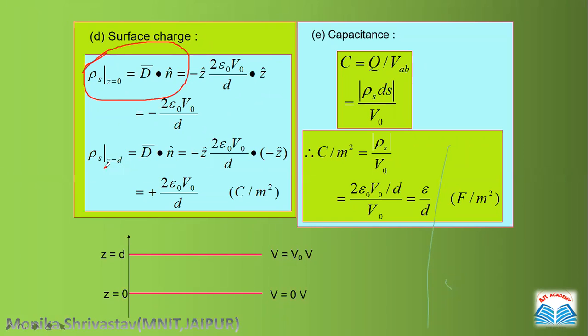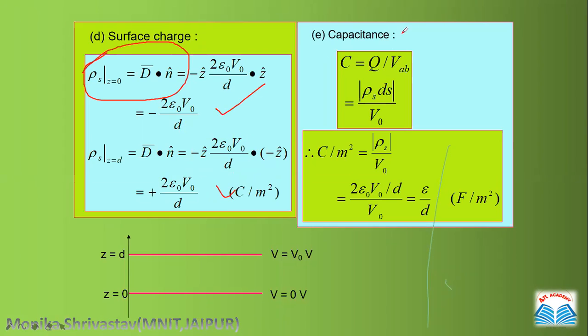Suppose the question is like we have to solve this for minus d to 0, then for z equal to minus d it will also be minus z cap. So the direction for the second boundary condition will always be opposite to the first one. So the conventional direction will be minus z cap here, and we are getting this one. You can also remember it like this: the first solution will be in minus and the second will be in plus.